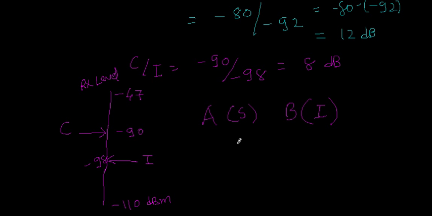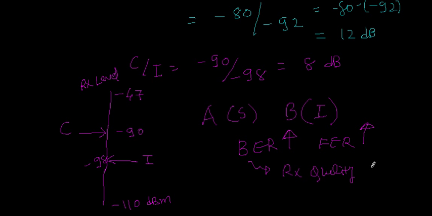So what will happen if you have co-channel interference? Your bit error rate will go up, the FER will go up. Bit error rate going up means your Rx quality will go down, and because of that you might end up with a dropped call.